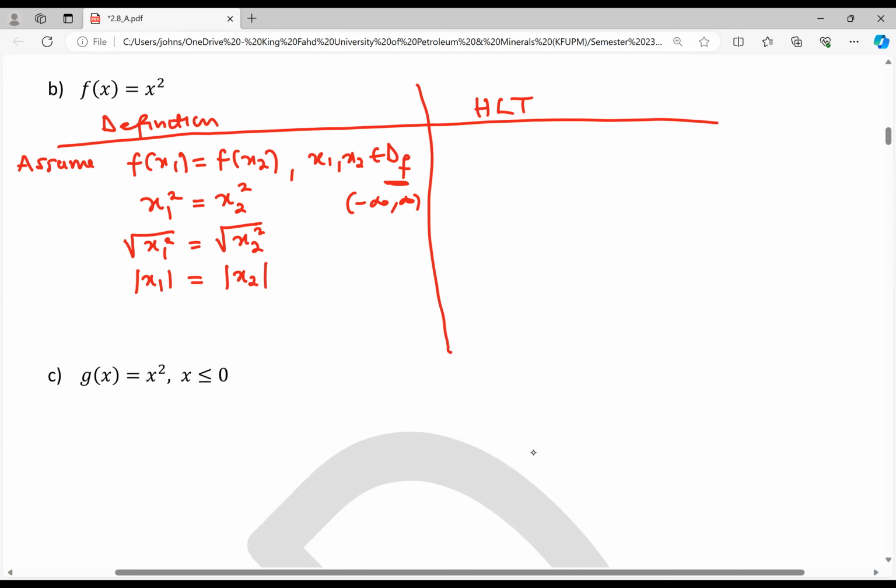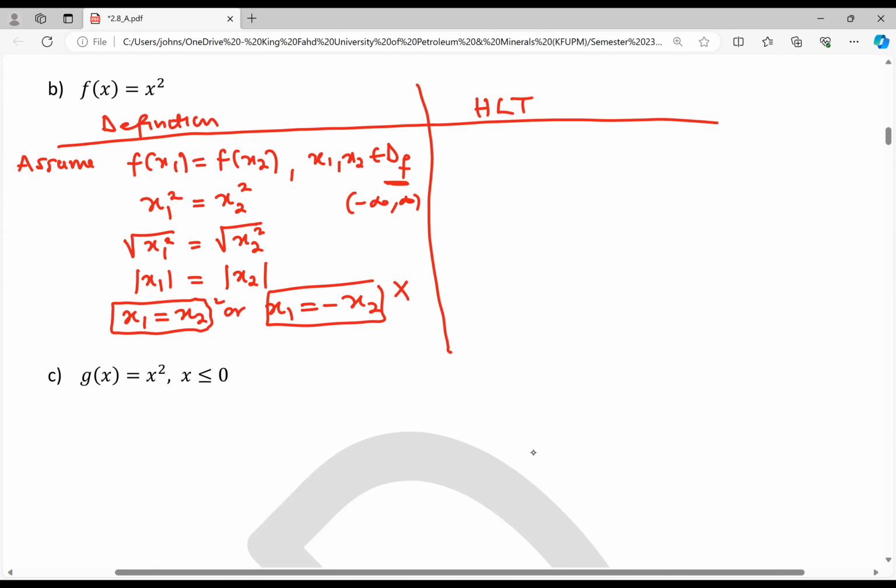So what does this mean? This simply means that to remove the absolute value, x1 is equal to x2, or we can have x1 is equal to minus x2. But you can see the first is okay because x1 is x2, but the second is not okay. But since we already have this "or", any of these could happen.